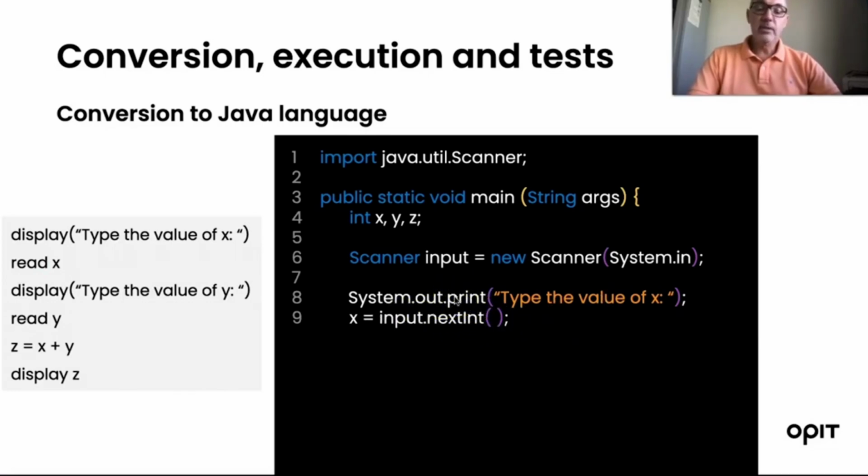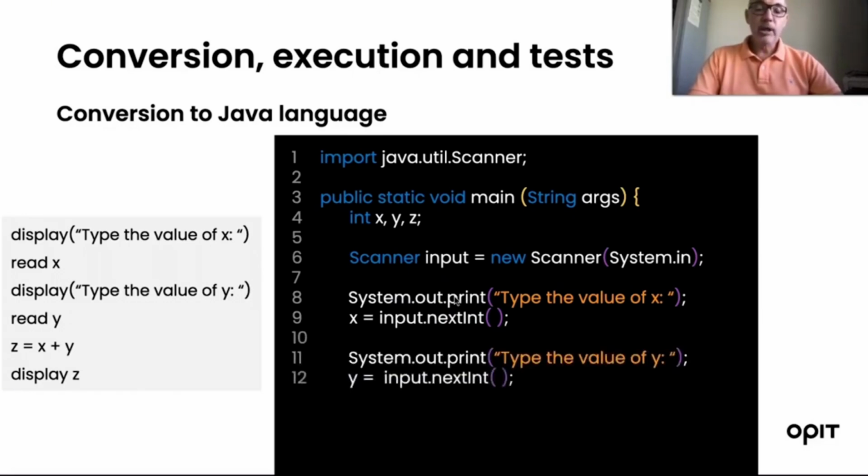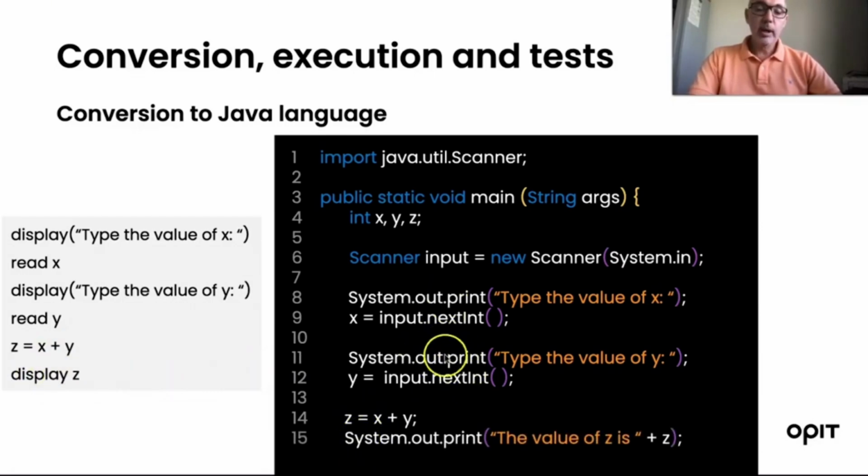From C to Java, it's not exactly the same. I do the same with the variable Y, and then I compute the sum, and then I display again. Can you guess what display Z will be replaced with in Java? Yes, System.out.print, the value of Z is Z. And then I am done with my program. So pretty much there are some common statements between Java and C, but not all of them.